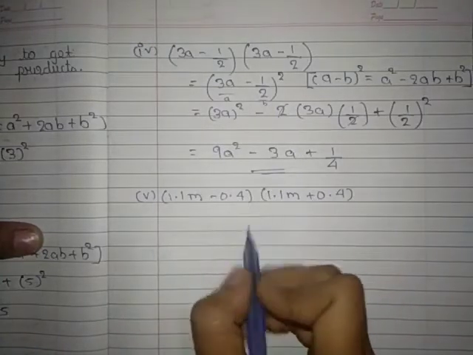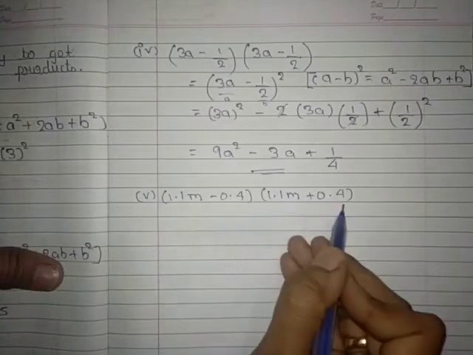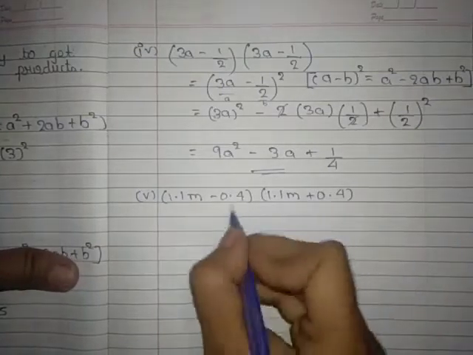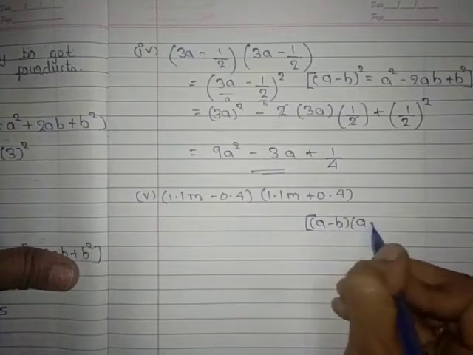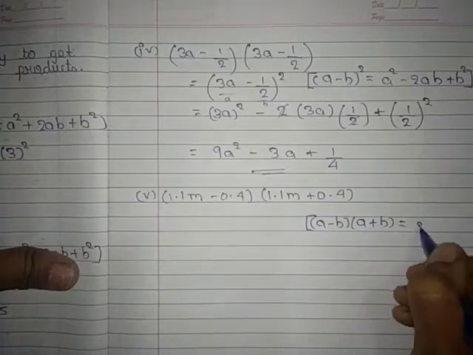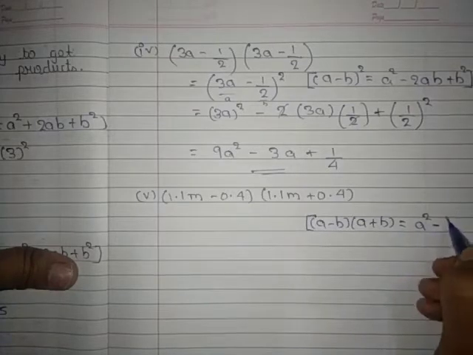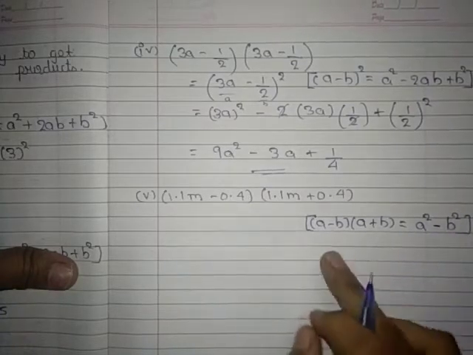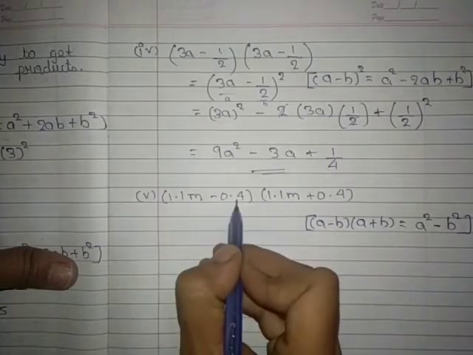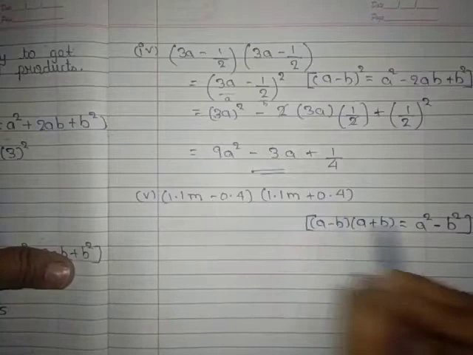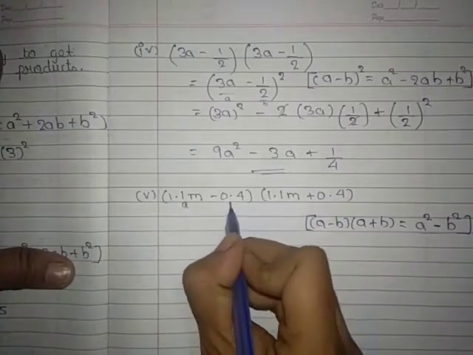And for this, we have studied an identity, a minus b multiplied by a plus b, that is equal to a square minus b square. This identity is similar to this: a minus b, a plus b. This is a and b. So what we have to put here is, this is a and this is b.